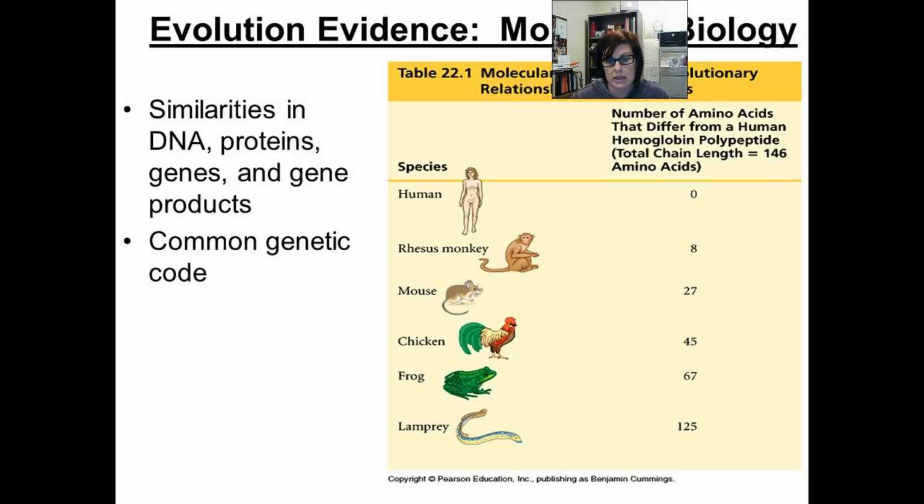So we can take that protein that's found in all red blood cells of any organism that has blood, and we can go to the polypeptide chain of the protein, the amino acids that make up that protein. Then we can look up the mRNA codons that code for those amino acids, and then we can do complementary base pairing from RNA back to DNA to figure out what the gene code is.